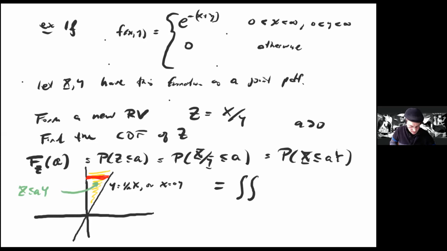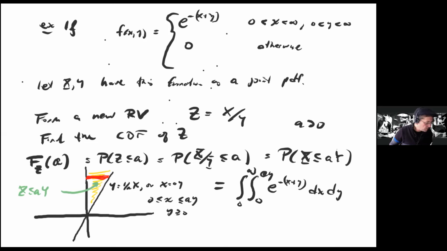So x is going from 0 to AY, and y is greater than or equal to 0. Therefore, it's the integral from 0 to infinity, integral from 0 to AY, of the joint PDF, e to the minus (x plus y), dx dy.